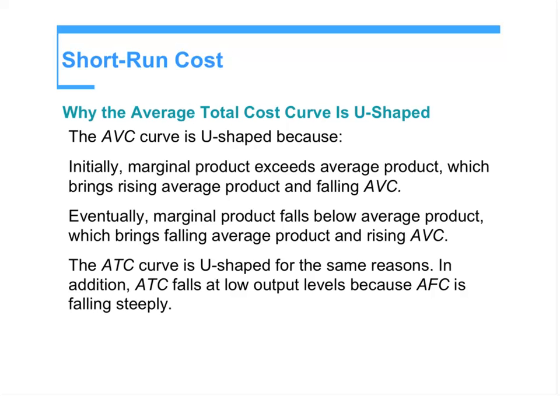And your average cost, in this case, is going to increase. This is the cost of production. So the average total cost curve is U-shaped for the same reason, in addition to average total cost falling at low output levels because average fixed cost is falling steeply.